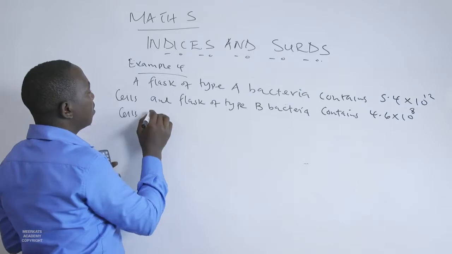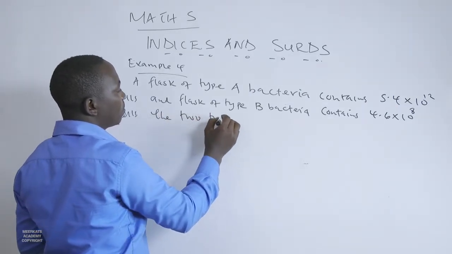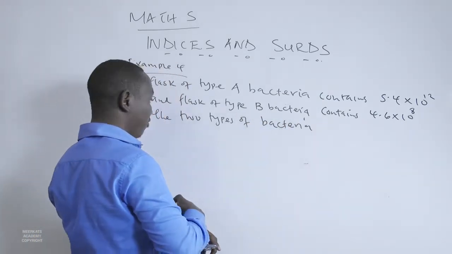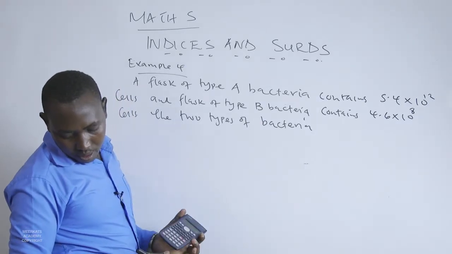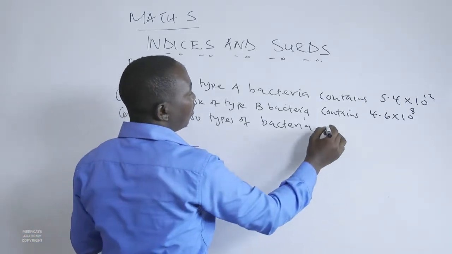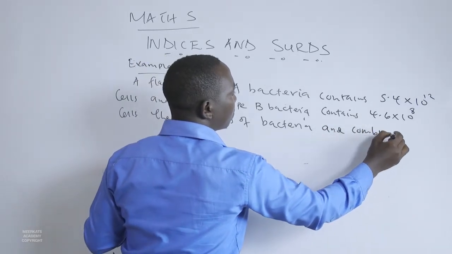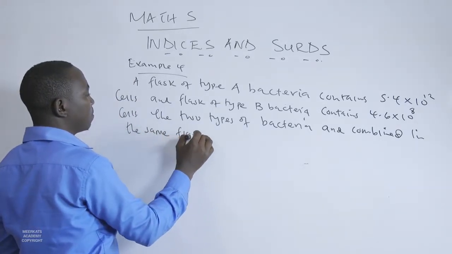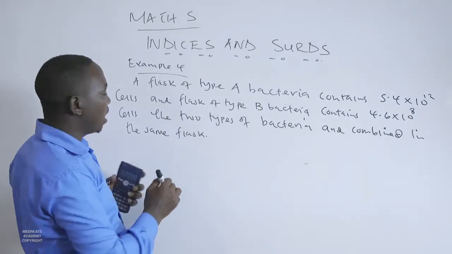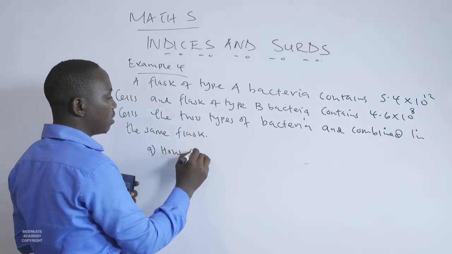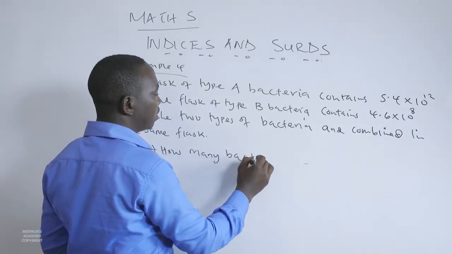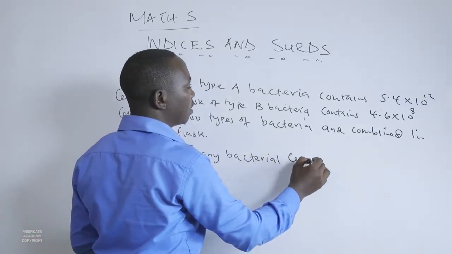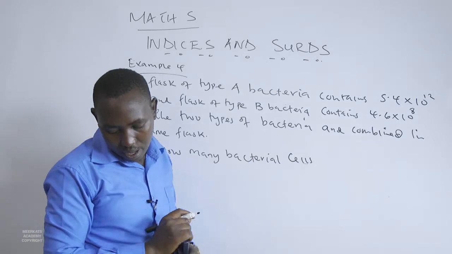The two types of bacteria are combined in the same flask. Question 1: How many bacterial cells are there in the flask?